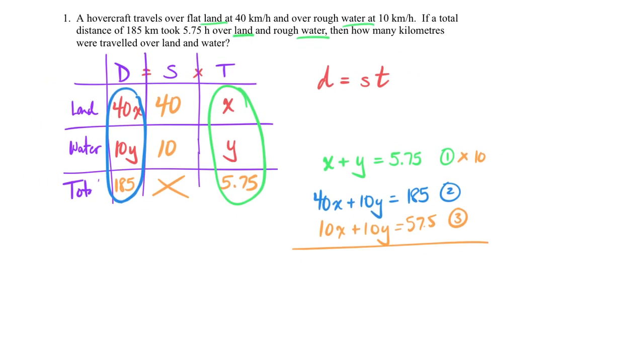If you work your way through, I'm going to now take equation 2 and subtract equation 3 so that I have positive coefficients. When I take my 185 minus my 57.5, that's going to give me 127.5. And now when I divide out my 30, that's going to give me a relatively clean 4.25. Now, what does that x represent? It represents my time on land.